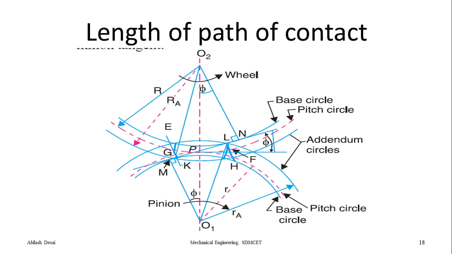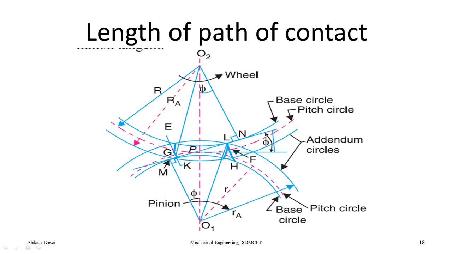First, let us understand the points shown there. The contact starts from point K. Then there is a line through point P, and you can see the point L here.